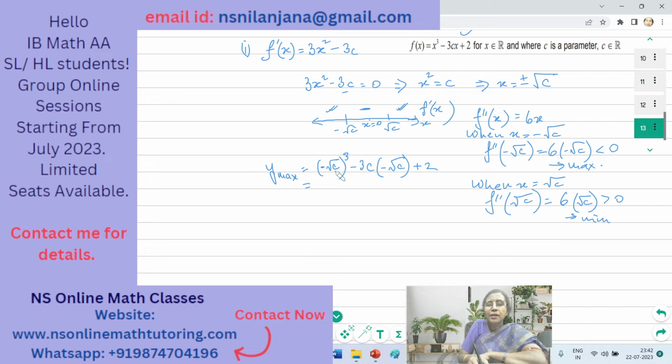Root c is c to the power of half. Let me write this: minus c to the power of half whole raised to the power of 3, minus 3 times c raised to the power of half, plus 2.